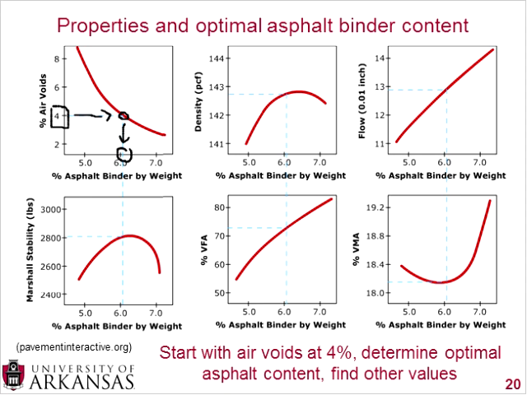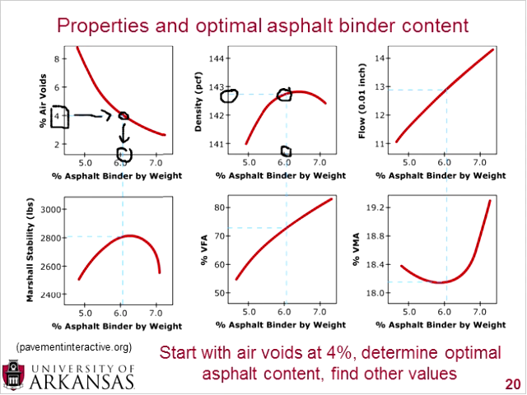And once you have that theoretical asphalt binder content, you can then plot on each one of these other curves, which is the density curve, the flow curve, the Marshall stability, the voids filled with asphalt, and the voids in mineral aggregate, and you simply go up from the asphalt binder over to the intersection of your plot, and then you can record the density as well.